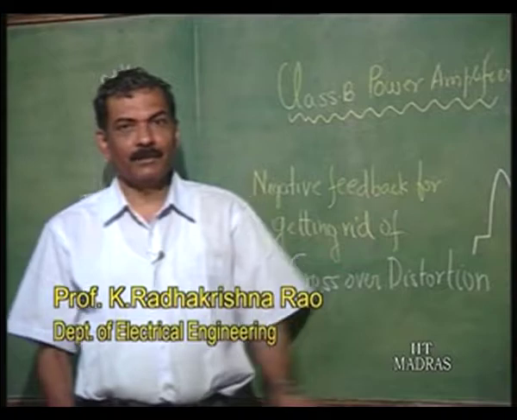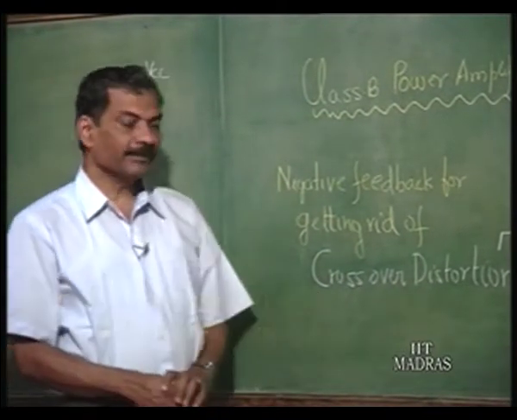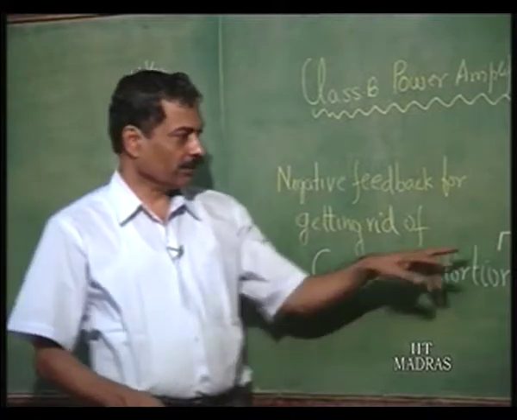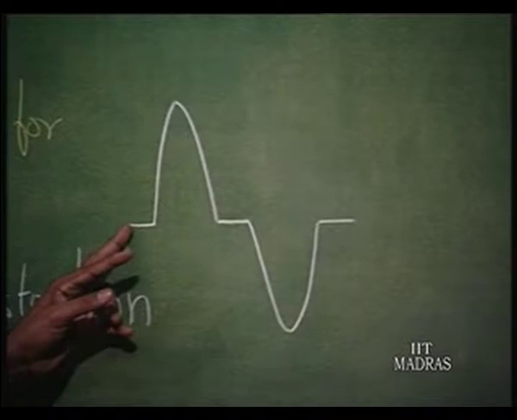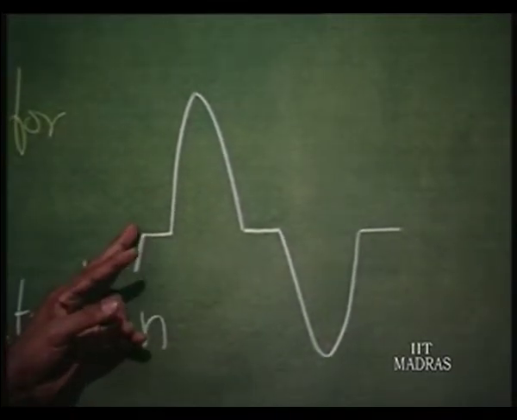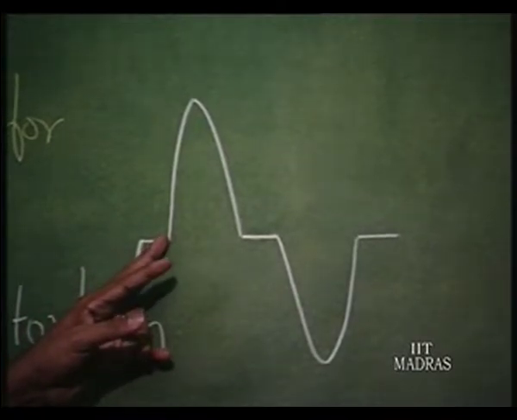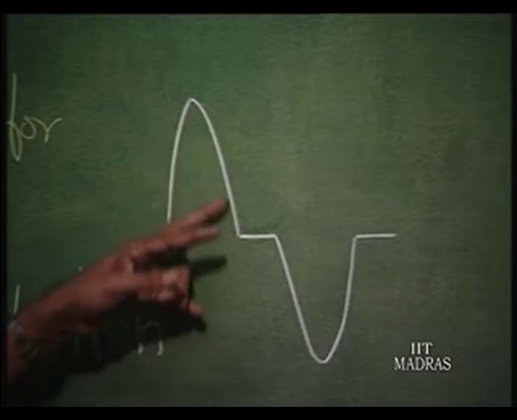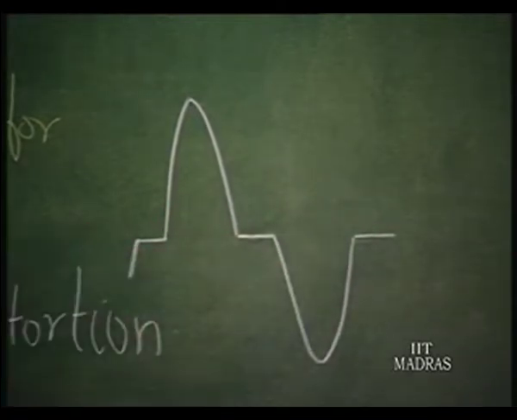Last time we were discussing class B power amplifier and how one could get rid of the so called crossover distortion, where the voltage crosses over from negative to positive. The transistors do not conduct until V gamma is reached. So, because of that, particularly when the voltage level is low, you get this crossover distortion.